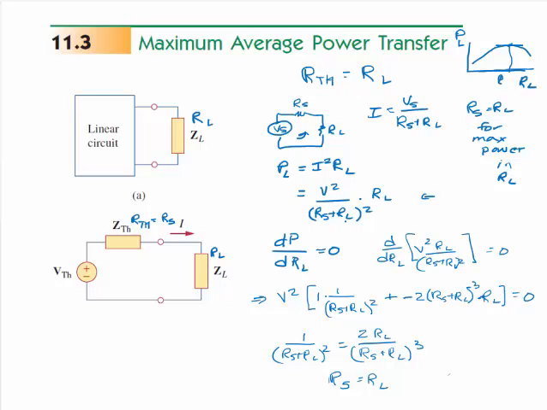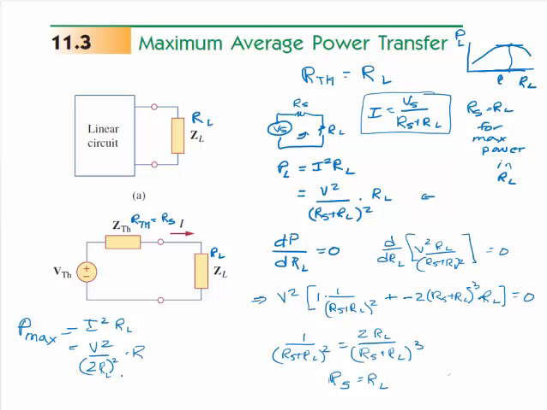Now, P at max is I squared RL, and since I is this value, but Rs and RL are equal, that's V squared over 2R, I'll just say R squared times R. They're both L's.